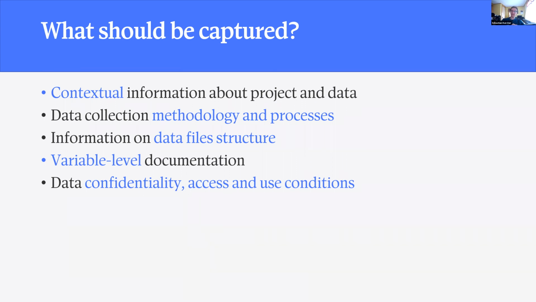And that's perhaps the least obvious part: document anything about confidentiality that you may have promised for a specific piece of data, and any other access and use conditions. So for example, if you use licensed or proprietary data, make sure that you know how you can use them, under what conditions you can share them, can you publish them, all those sorts of things.